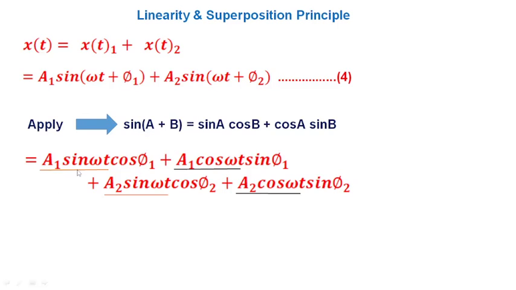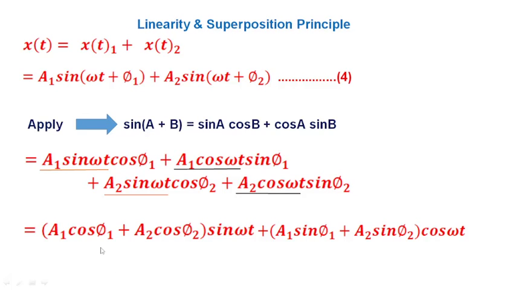See here, cos phi 1, here cos phi 2, A sine of omega t, A sine of omega t, A1 cos of omega t into sine phi 1, A2 cos of omega t sine phi 2. So A1 cos phi 1 plus A2 cos phi 2 into sine of omega t plus A1 sine of phi 1 plus A2 sine of phi 2 into cos omega t.